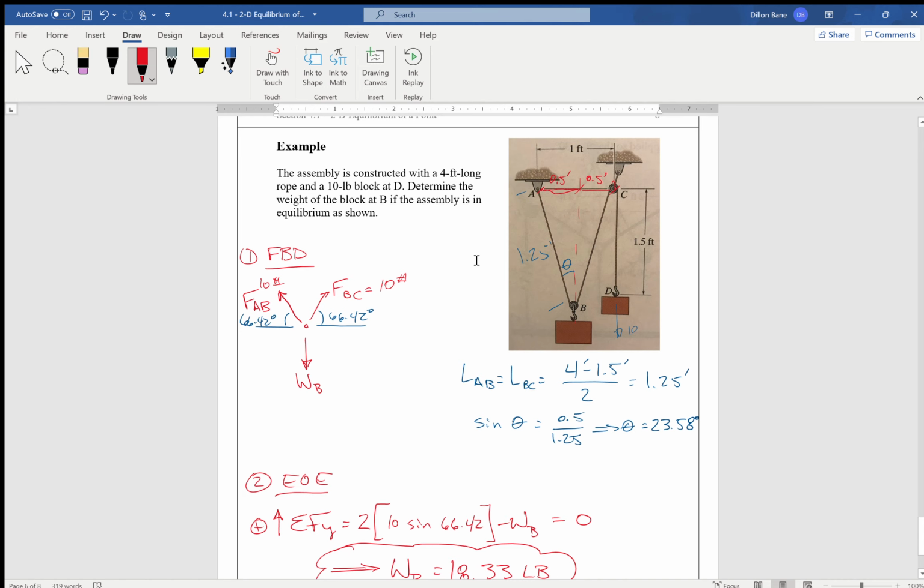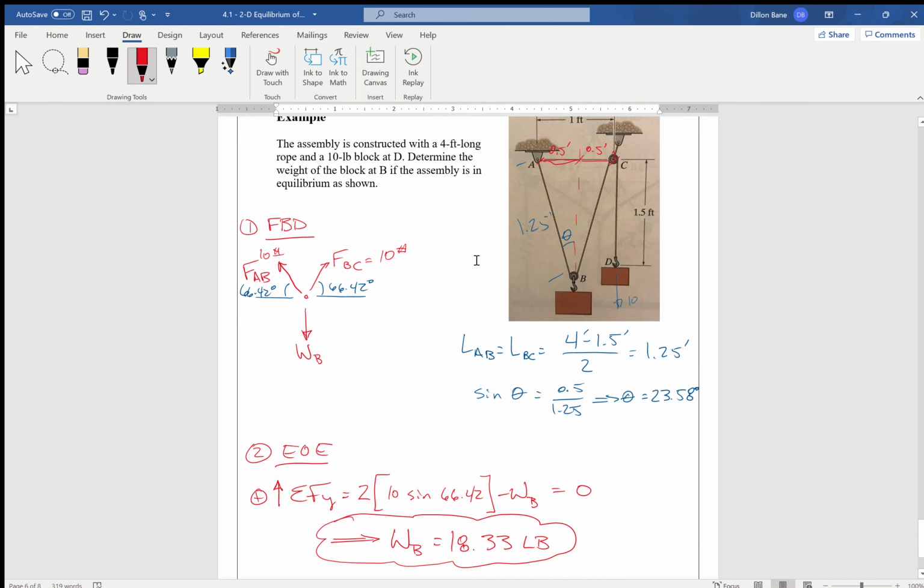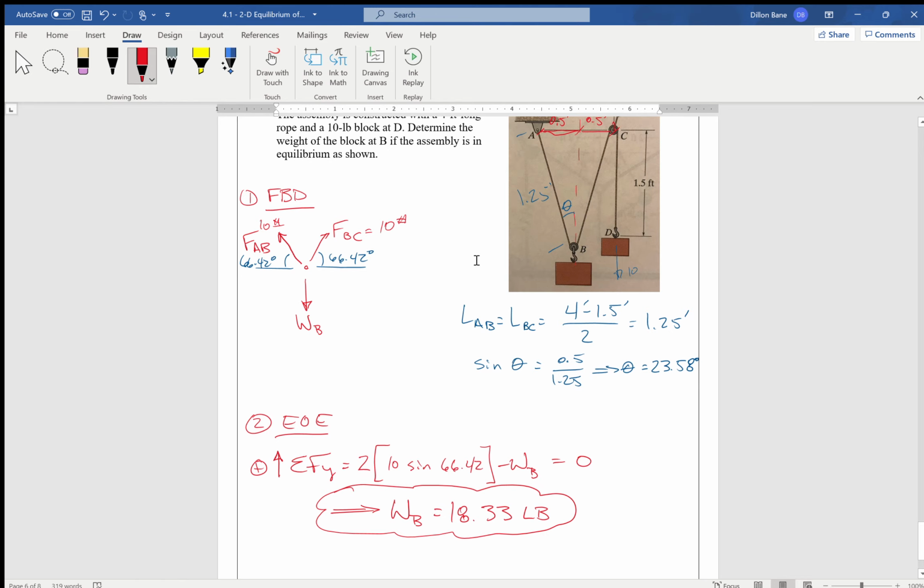So that should be all that we cover for 2D equilibrium of a point. The next couple of steps that we're going to be working with is to expand our equilibrium of a point by one more dimension. So we're going to do 3-dimension equilibrium of a point. That's section 4.2.